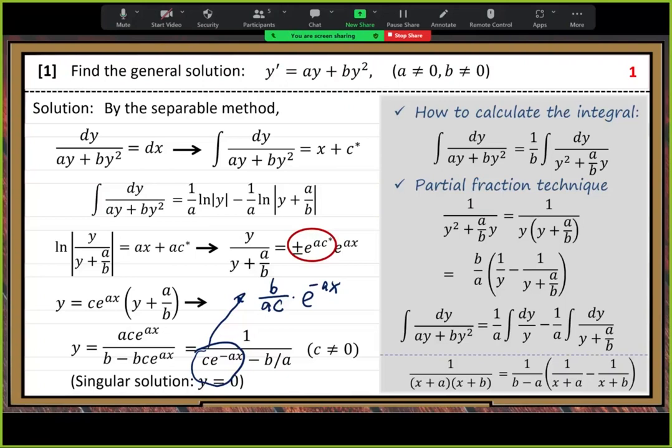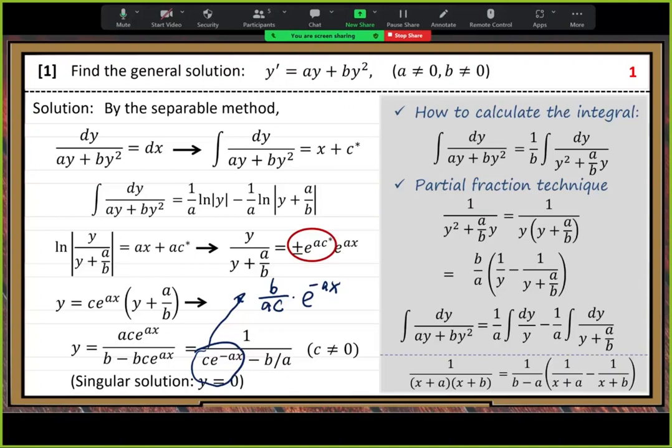On the right side, under the partial fraction technique, did you do partial fractions to get to the b over a, 1 over y minus...? Here I didn't do partial fractions. I got around it, using just basic algebra manipulation.